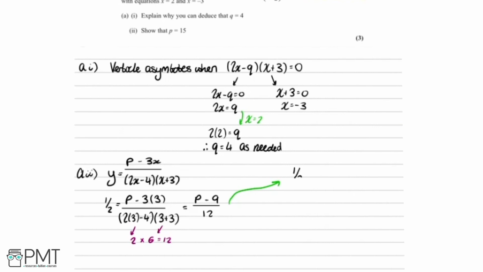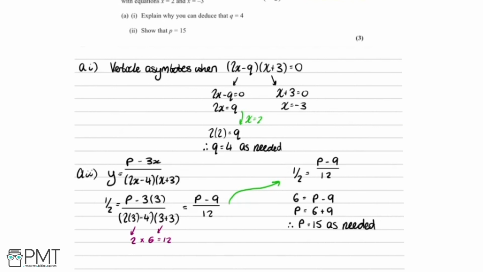So far we've got that a half equals (p minus 9) all over 12. If we times both sides by 12, we get 6 equals p minus 9. So therefore p equals 6 plus 9, just by adding 9 to both sides. So therefore p equals 15 as needed.